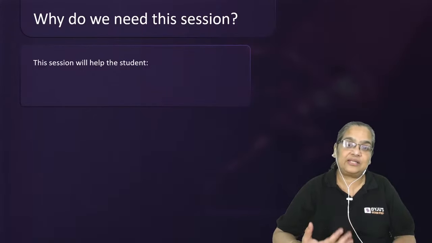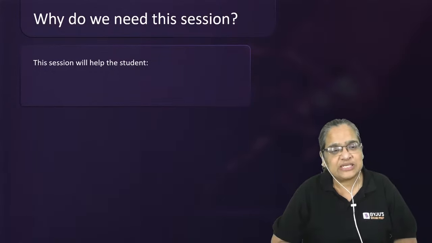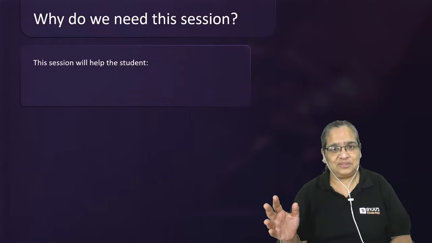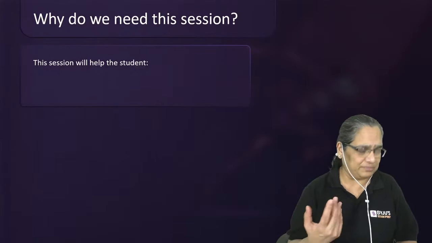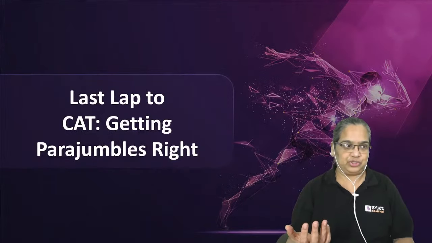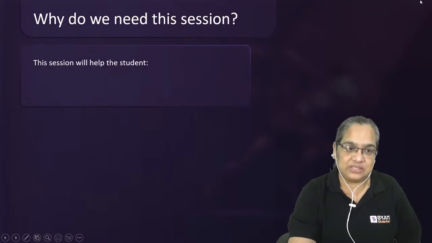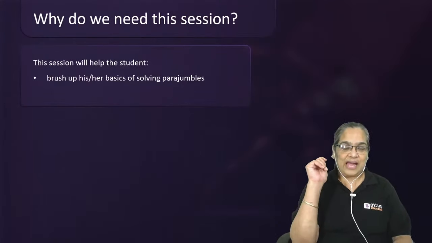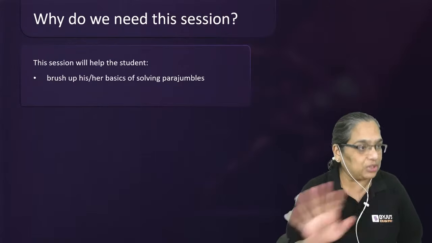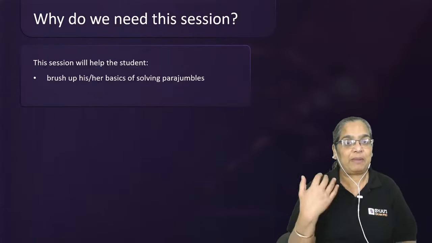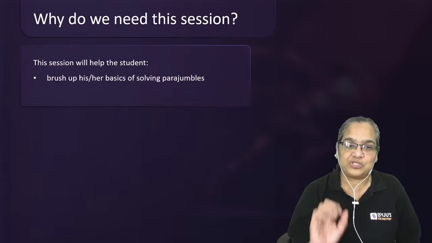You don't take the wrong approach to Parajumbles, and the wrong approach is just to mark any option: I'll mark whatever I want, A, B, C, D, D, C, B, A, whatever comes to my mind. That's not the right approach. Our approach is to attempt all the questions, and to get Parajumbles correct in the minimum amount of time possible.